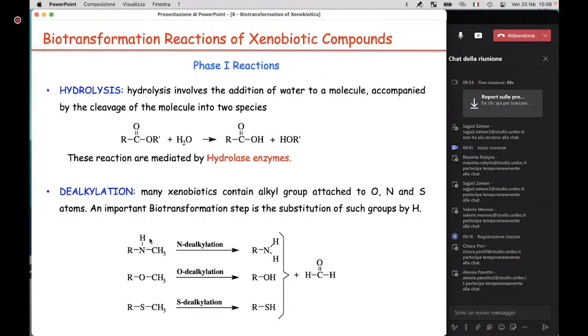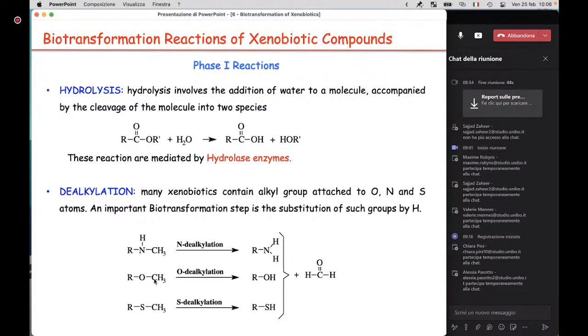And so we can have that the alkyl group, in this case it's always methyl, but it can be anything really, any alkyl group can be detached from the molecule, leaving the heteroatom alone, let's say. So from this secondary or tertiary amine, by dealkylation, we can produce the primary or secondary amine according to the starting one.